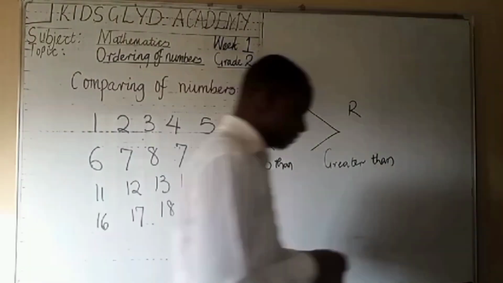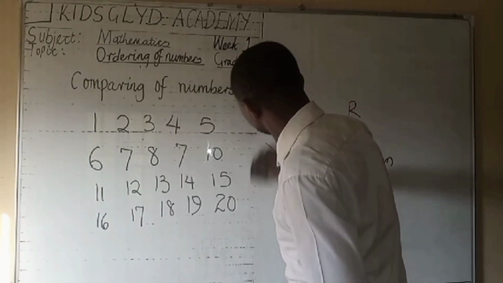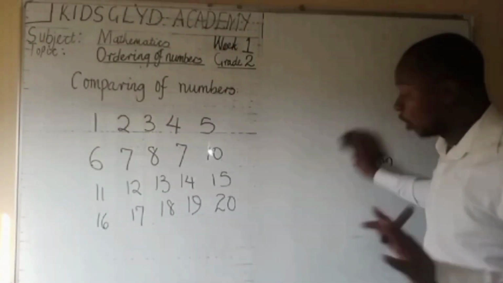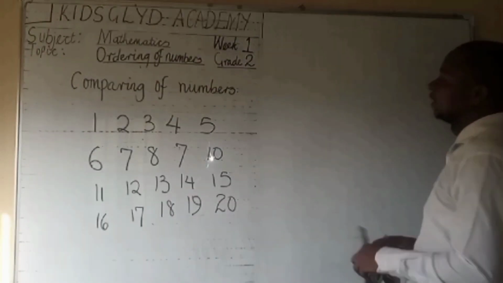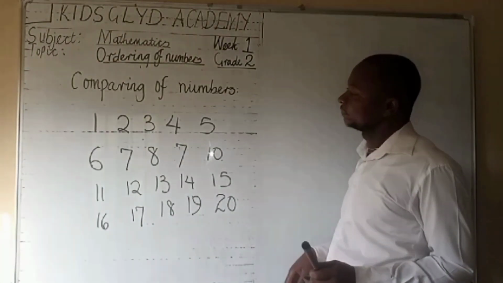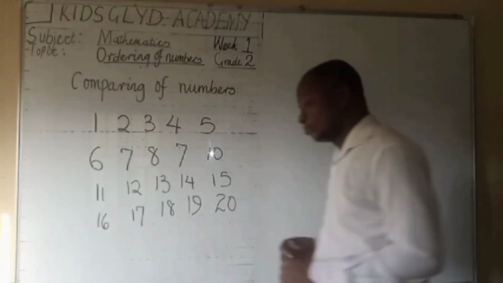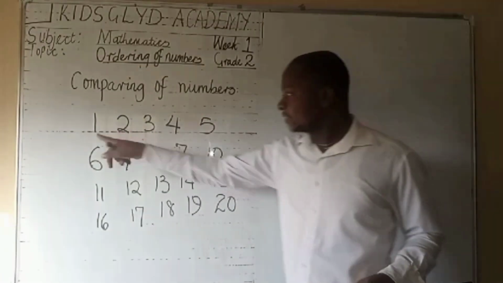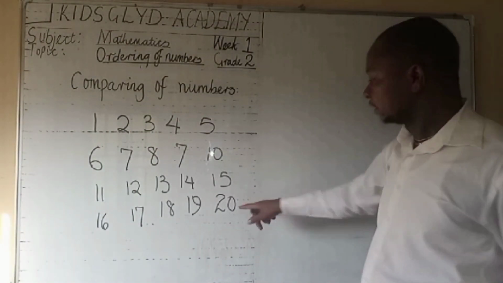Now we have written our numbers. This shows that we know all our numbers, right? Now, this is 20. This is 2. This is 1. This is 0.